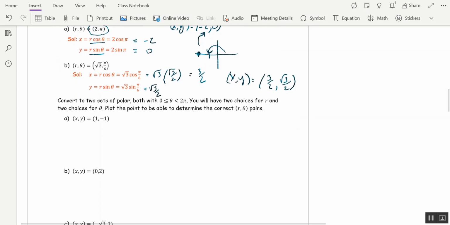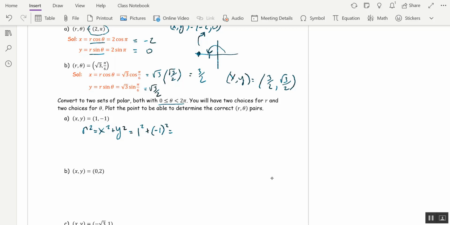Okay, now let's go in the other direction. Find 2 sets of polar coordinates, both with theta going between 0 and 2 pi. So the way I do these, I like to find r first. r squared is x squared plus y squared. In this case, x squared is 1, and y squared is also 1 because we have -1 squared.